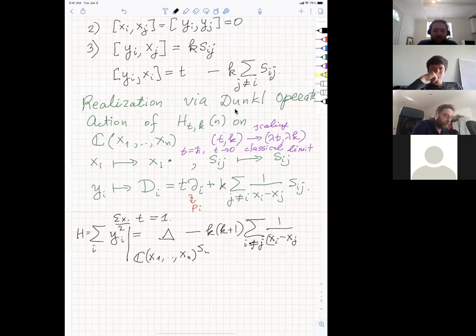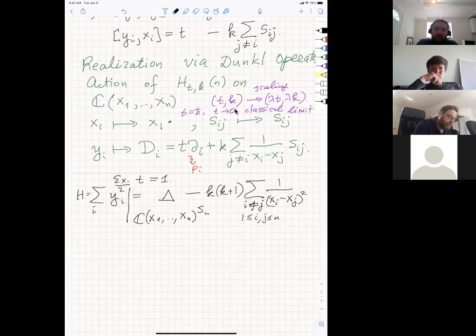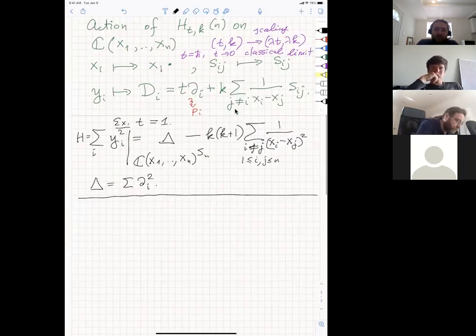So we have n Calogero-Moser particles on the line, which interact with the potential k(k+1) over x squared. And so this is what it is. So the Laplacian is the summation of the squares of partial derivatives. And this allows us to construct integrals of motion, quantum integrals of motion.